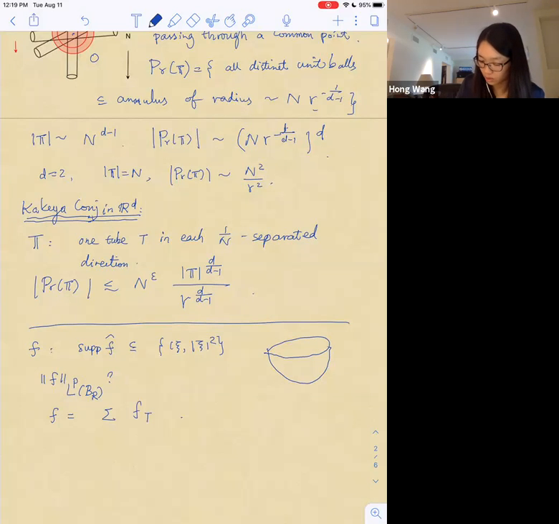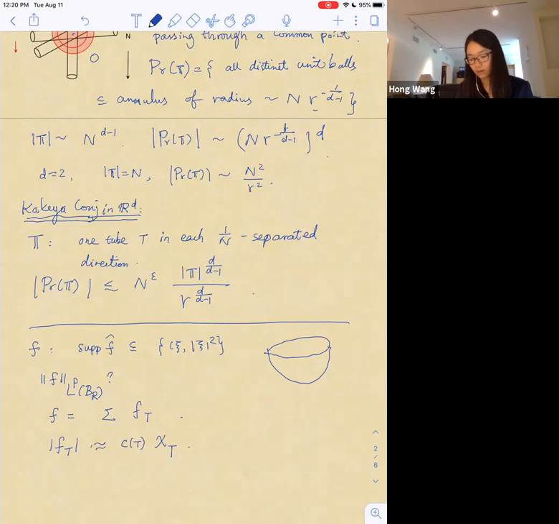Here each f_T, when we take the absolute value, can be viewed as roughly a constant times the characteristic function of T. Modulo the tail, as an intuition, we can think of f_T as a weight function times the characteristic function of T.